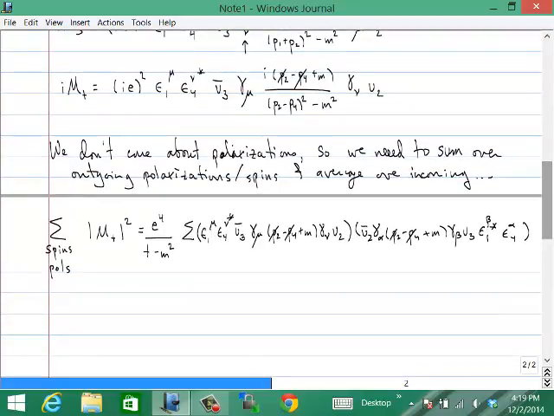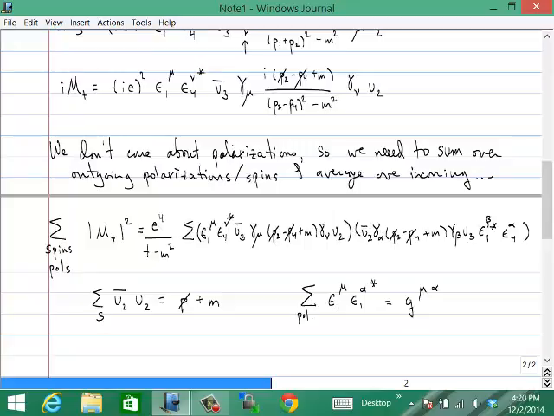Okay. So now when we do the spinor sums, we can use the fact that the sum over all spins of u2 bar u2 is equal to p slash plus m. And similarly, we can use the fact that the sum over all polarizations of epsilon 1 mu, epsilon 1 alpha star is equal to g mu alpha.